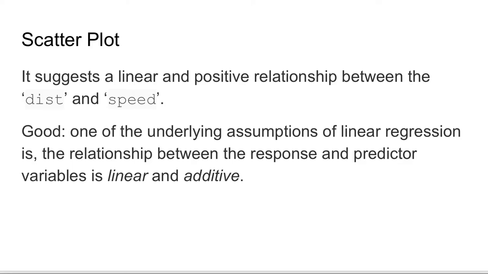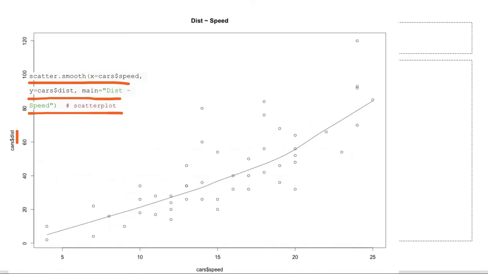One of the assumptions of linear regression is that the relationship between the response and the predictor variable is linear and additive. Ideally, we should find a straight line that goes through all of those data points. Over here, there's a line. It's not perfect.